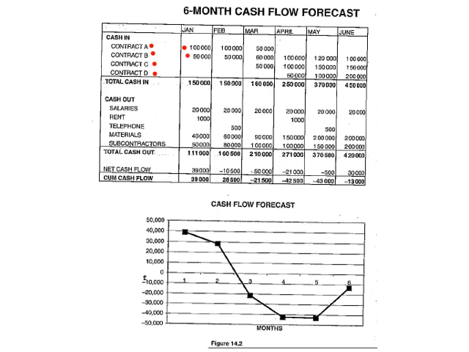February the same, March the same. We've got 50,000, 60,000, and 50,000. In April we've got 100,000, and so forth.